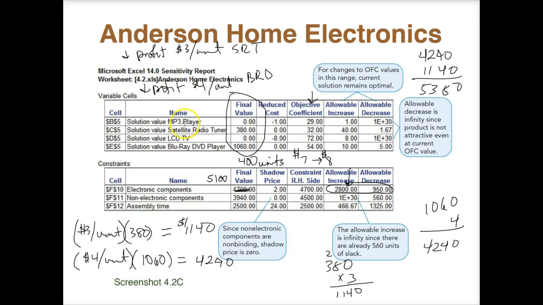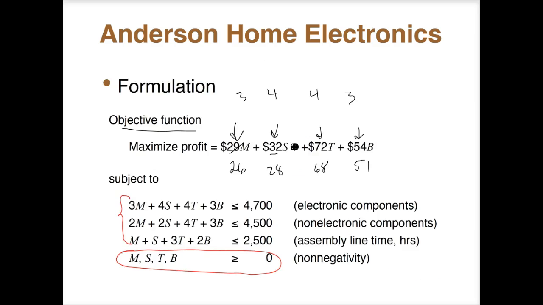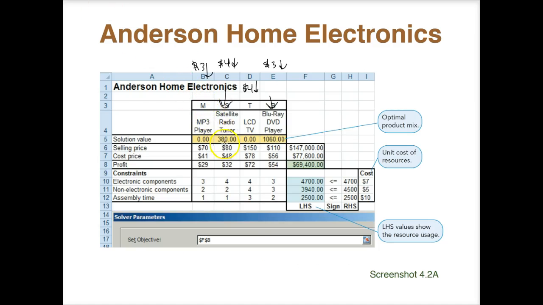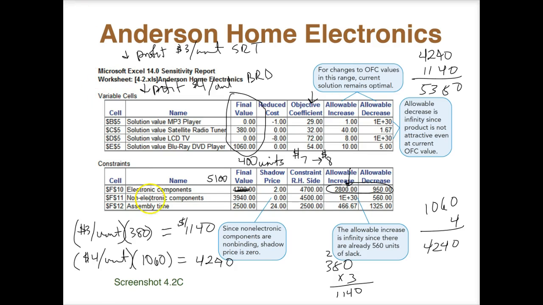Let me go back just to check because I may have done that incorrectly. Yep, so here for the satellite radio tuner I had $4, and for the Blu-ray DVD I had $3. I got those mixed up, so I apologize about that.